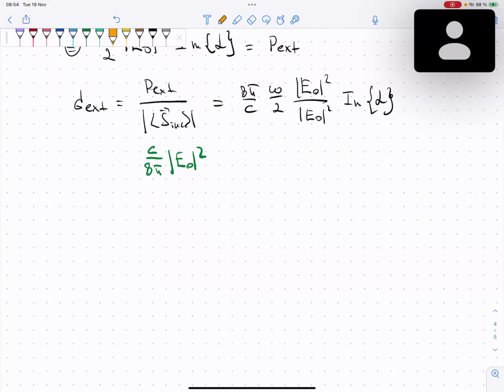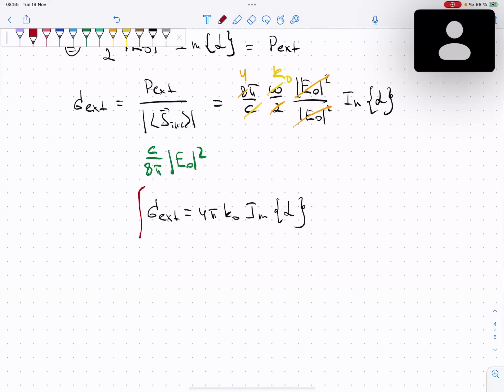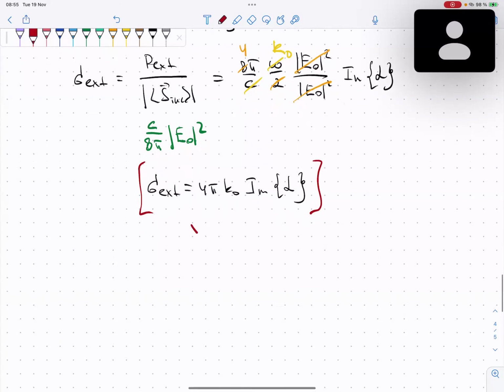So we can cancel out these terms. Here it will be like 4, and omega over c will just give us the wave vector. So for a small particle, the extinction cross-section can be calculated as 4 pi k0 times the imaginary part of the polarizability. This is when the radius of the particle is much less than the wavelength.